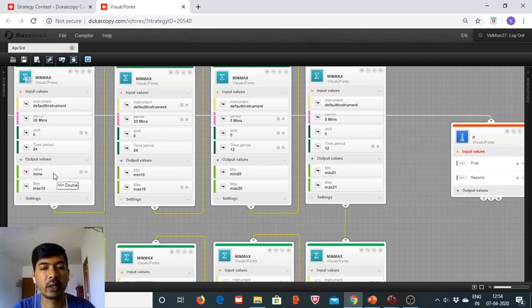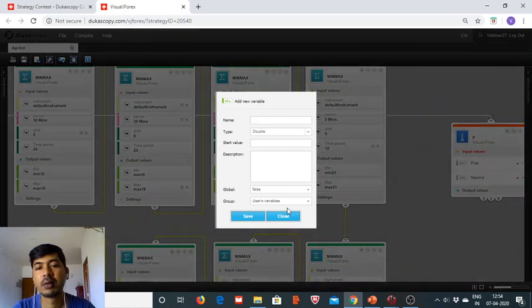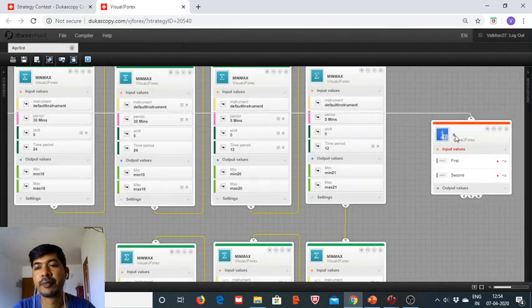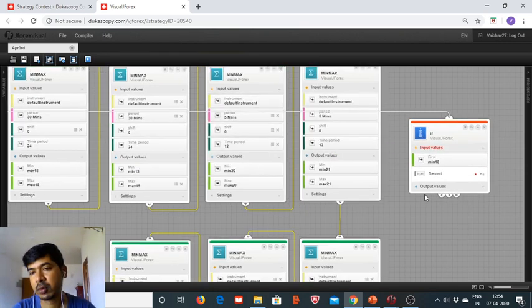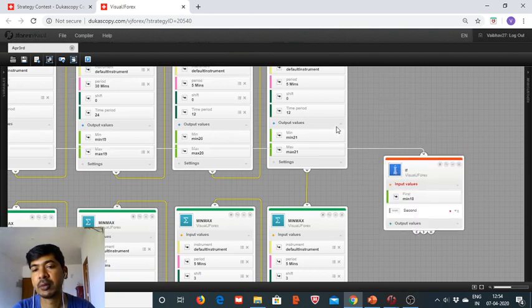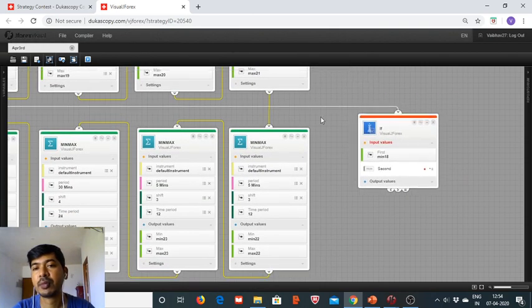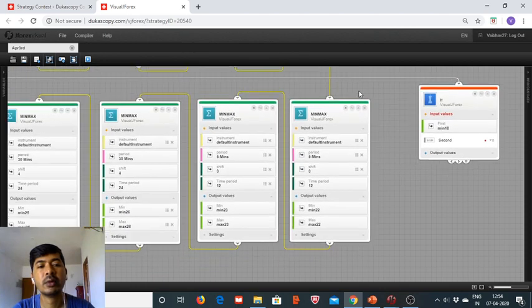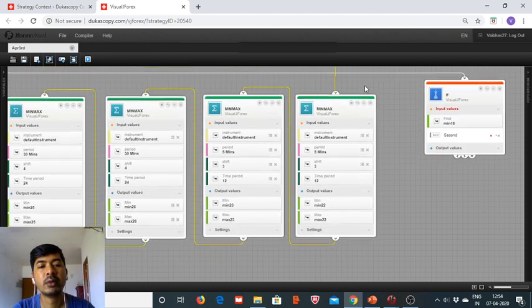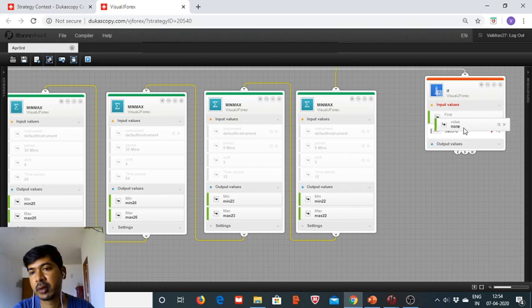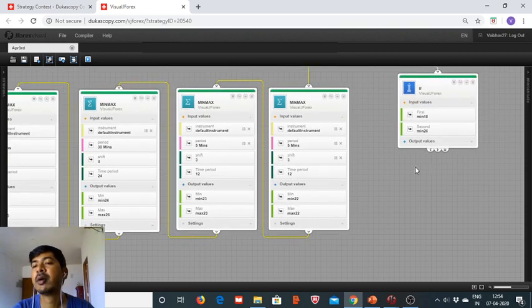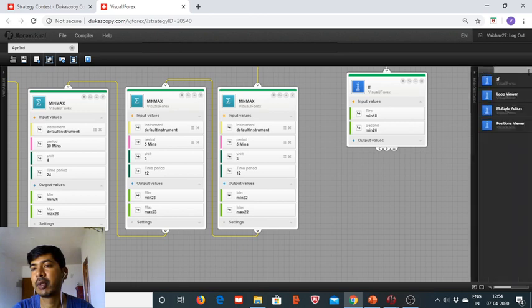So we compare the minima 18 to the bid and the low price to the minimum 26, and it should be greater than or equal to.